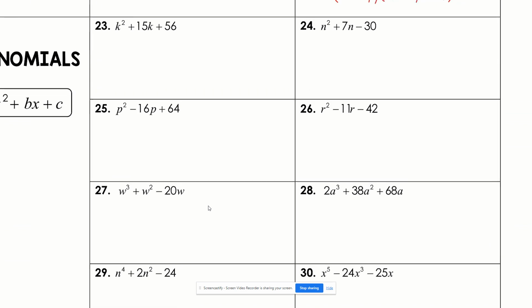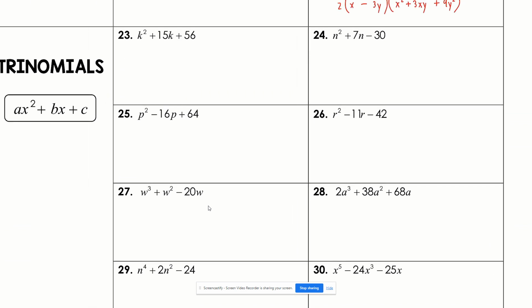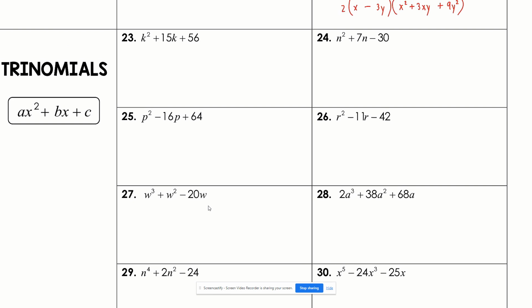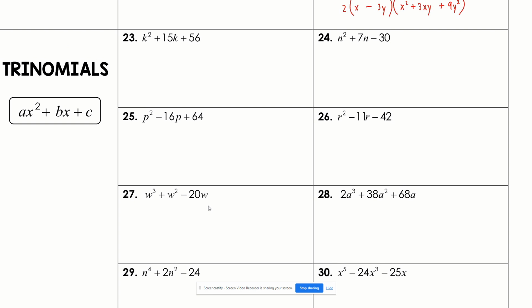Anyways, let's go ahead and go back to your memory banks when we used to factor trinomials. Remember, these are the ones that we learned how to factor into 2 binomials. And it's kind of like a little puzzle piece where we figure out what multiplies to get this ax squared value here.